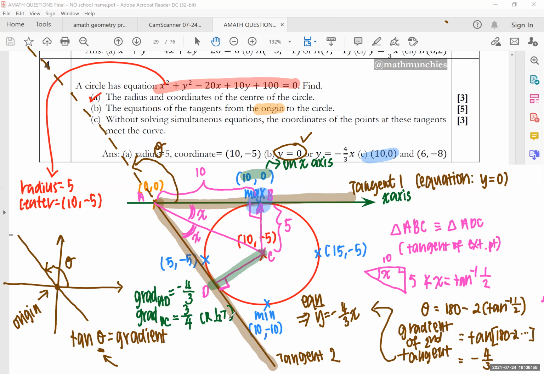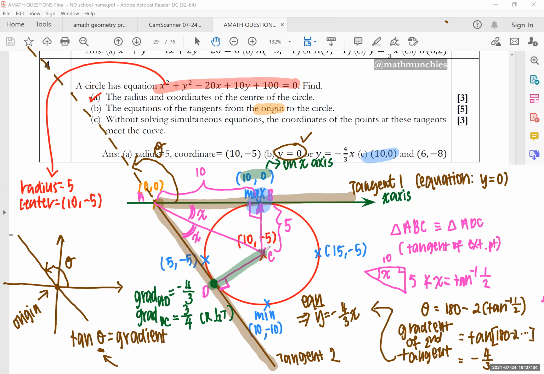Yes, guys? Okay, then after that, how are we going to continue to find the coordinates of D? Because we need to find the coordinates of this point. Now we have the gradient, so how do we... -5 minus y over 10 minus x equals 3/4. -5? What do you mean -5? Like the center, use the gradient formula, y1 minus y. The center is (10, -5), is it? Yeah.